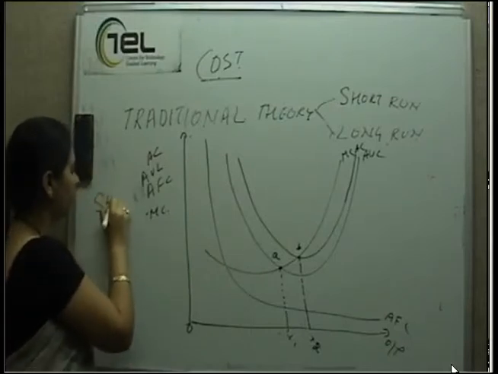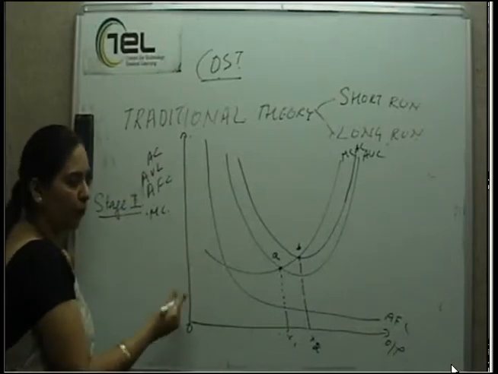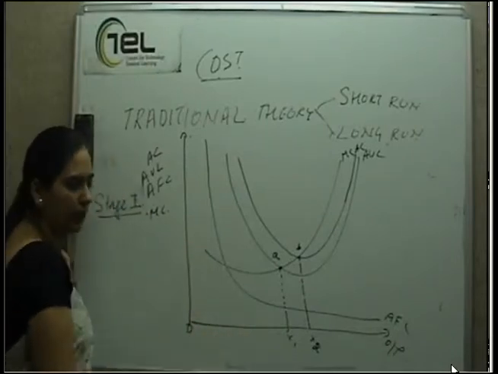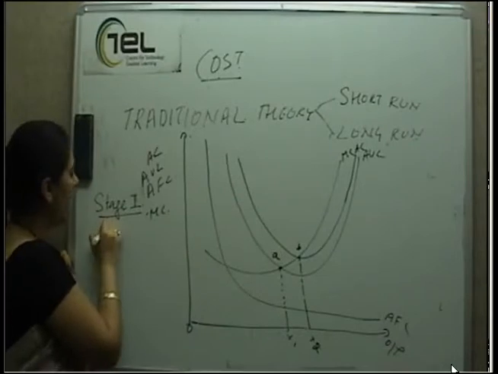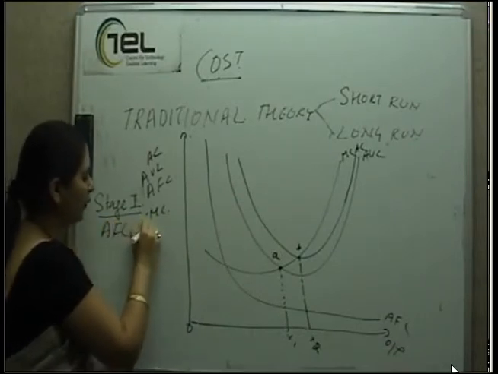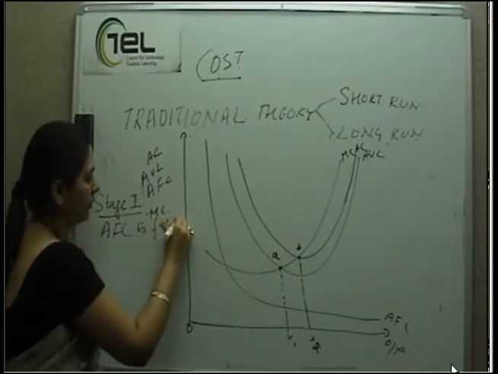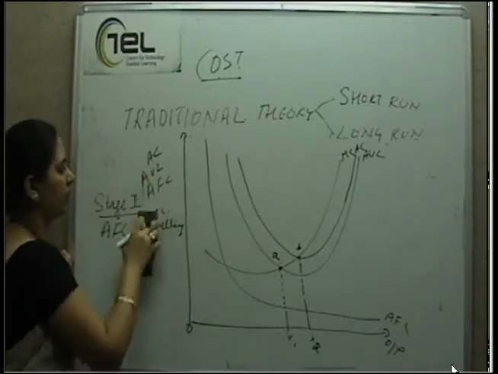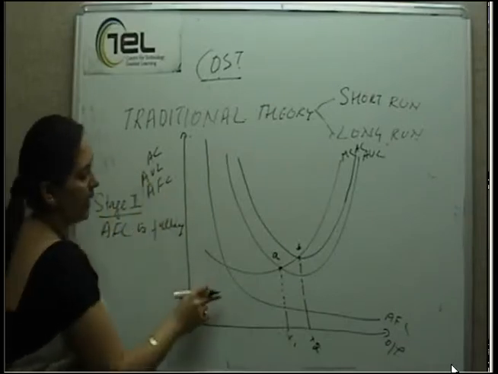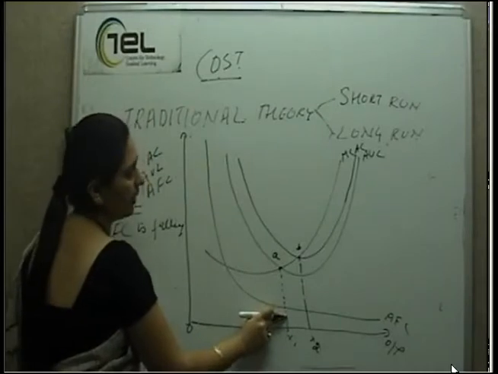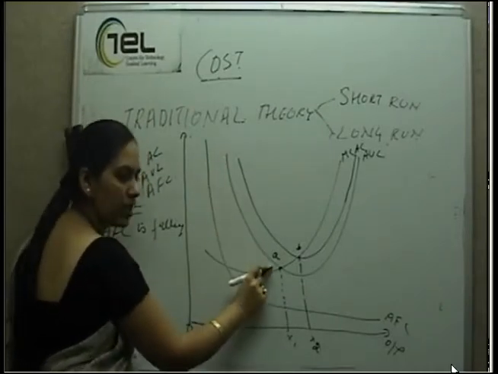Say stage 1. Stage 1 is towards the left of A, or from 0 to x1. In stage 1 we find our AFC is falling. Our AVC is also falling.